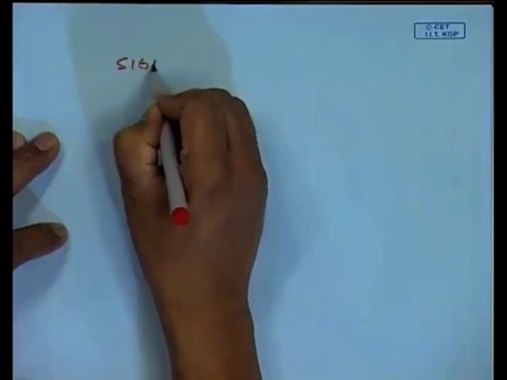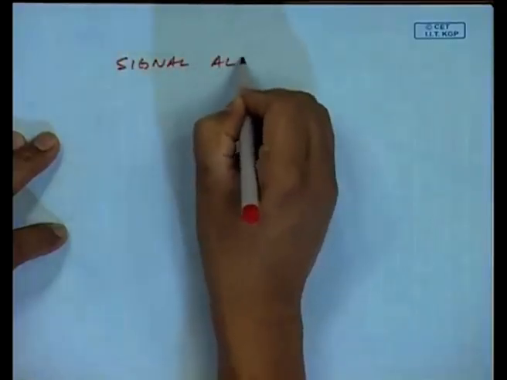But coming back to our machines, if my sampling frequency is not adequate, I will have what is known as signal aliasing.